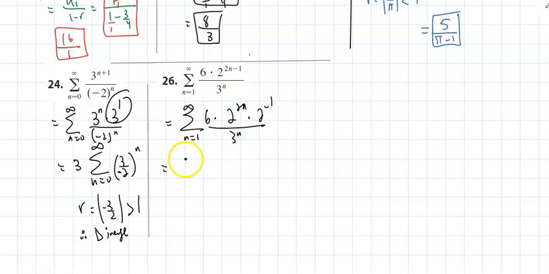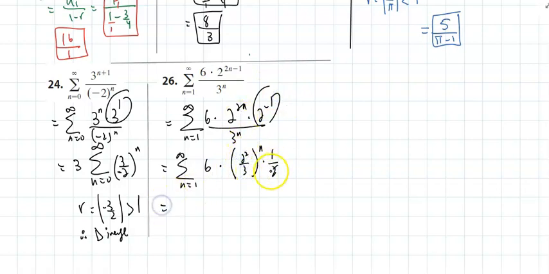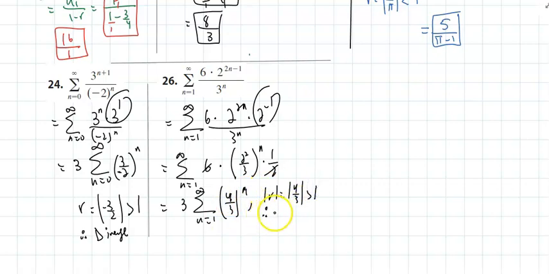Since all of these are multiplied, I'm looking at 6 times, and isn't this 1 over 2? And this is 2 squared over 3. So this is 3 times the series n equal 1 to infinity of 4 over 3 raised to the n. And I noticed that r is 4/3, and that's bigger than 1. Therefore, this sum diverges.